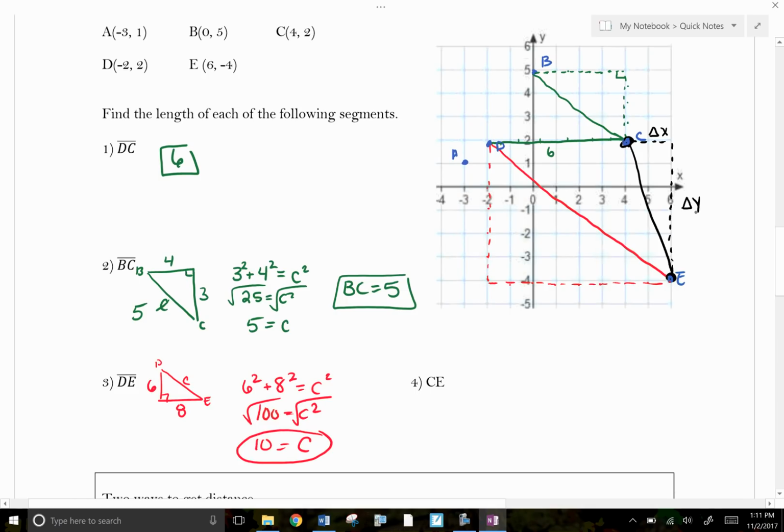Okay? So when we did that Pythagorean theorem thing, I was doing the Pythagorean theorem with delta X and delta Y. Okay? So when I go to find the length there, delta X is 2, delta Y is 1, 2, 3, 4, 5, 6 down. I really end up with the square root of the sum of delta X squared and delta Y squared.